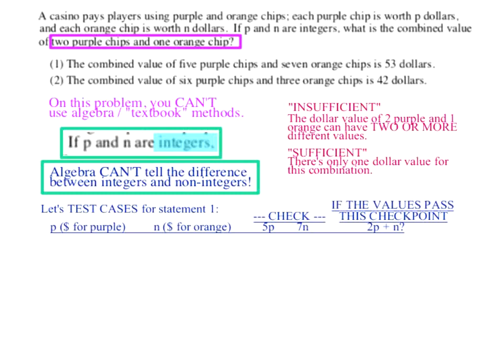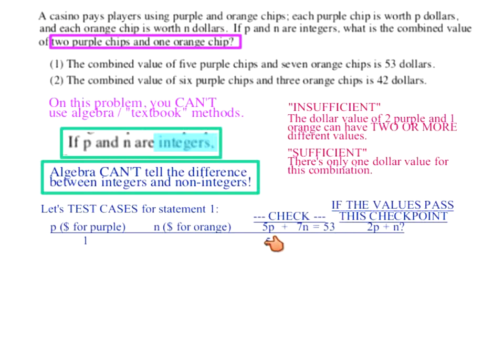So, okay. Let's say that P is 1. Let's say a purple chip is worth $1. If a purple chip is worth $1, then 5 purple chips is worth $5. Remember that you have to have this equal to 53.